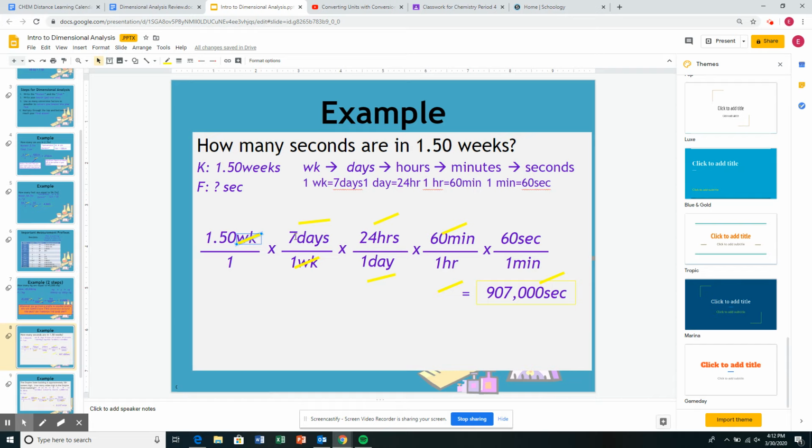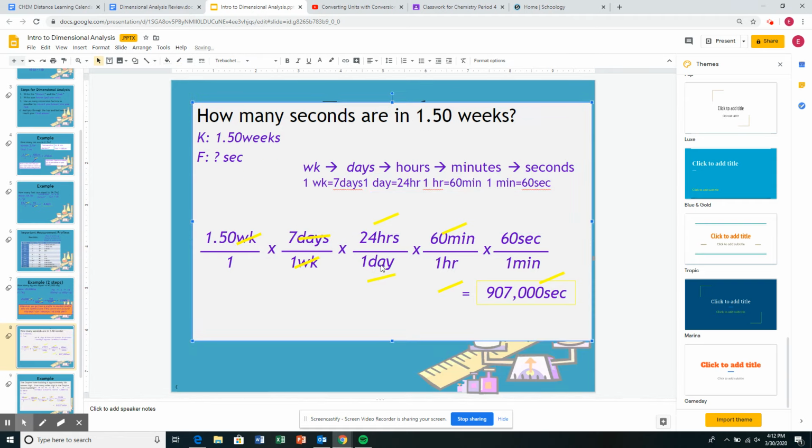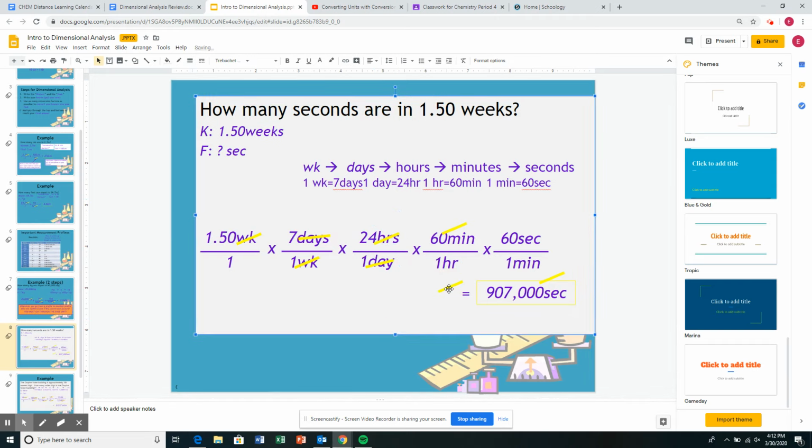So how do we get rid of days? Well, we break down that unit a little bit further into hours. How do we want to get rid of hours? We go by minutes. So hours is now canceled. And then finally, we cancel out our minutes. Minutes is canceled.